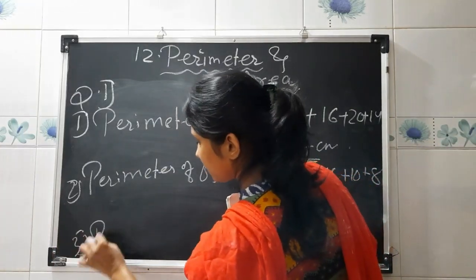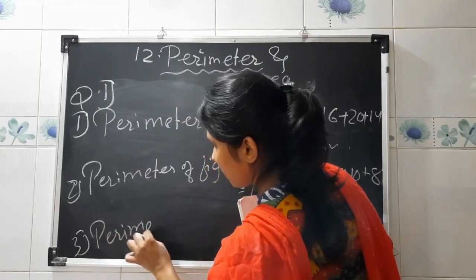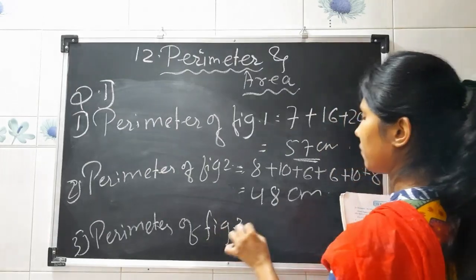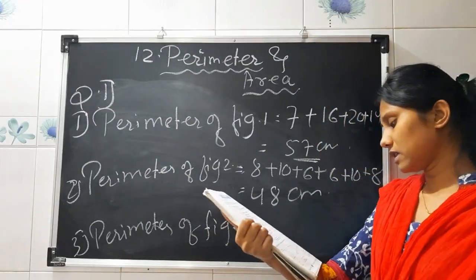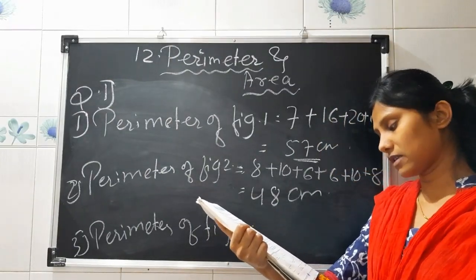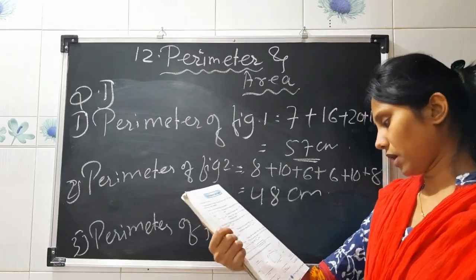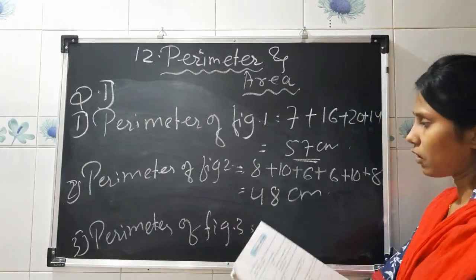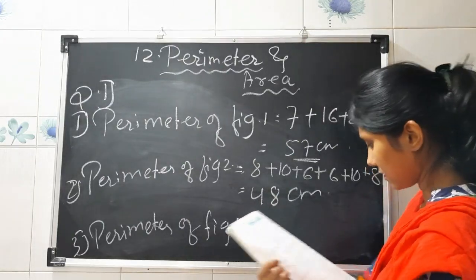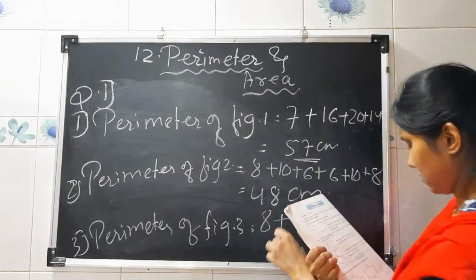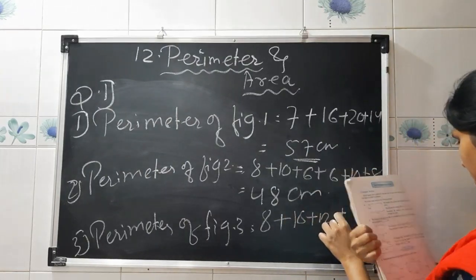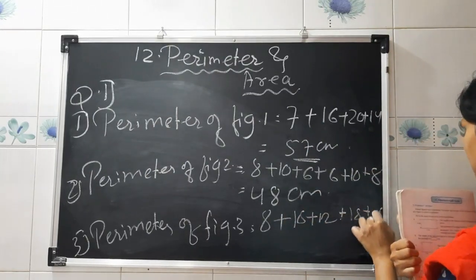Next, perimeter of figure 3. This figure has 5 sides. It's a kind of pentagon. So the sum of the lengths of all the sides is 8 plus 18 plus 12 plus 18 plus again 8.